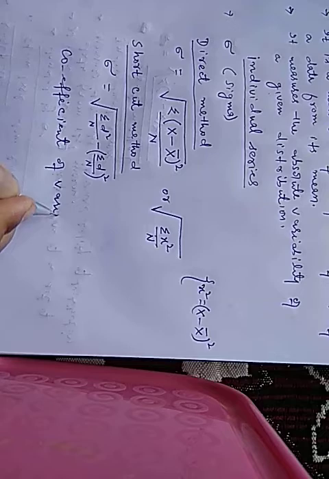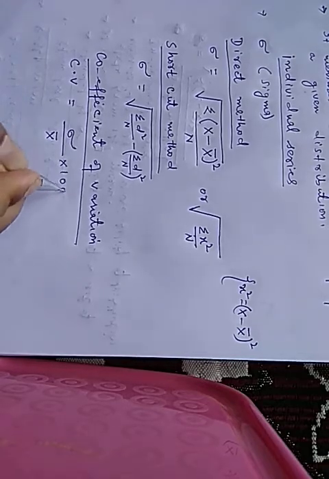Coefficient of variation, it is also given by Carl Pearson, and it is denoted by symbol CV, coefficient of variation, and it is equal to standard deviation, value of standard deviation divided by value of mean multiplied by 100. It gives the percentage variation in a given set of data.